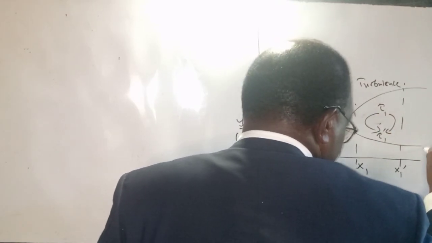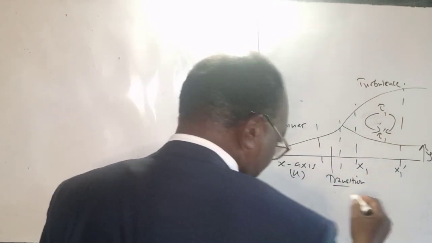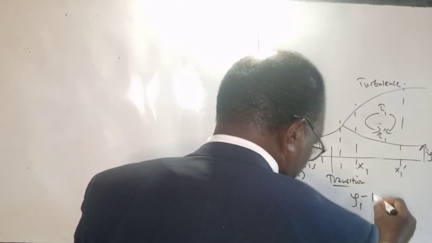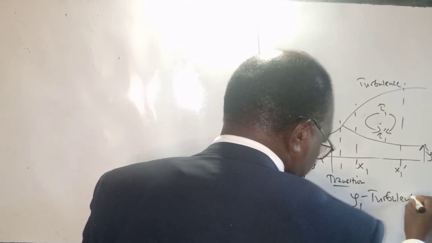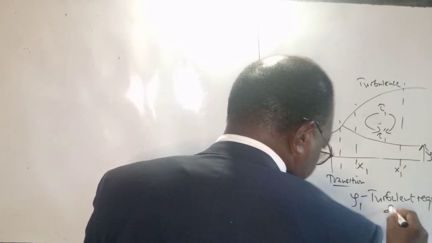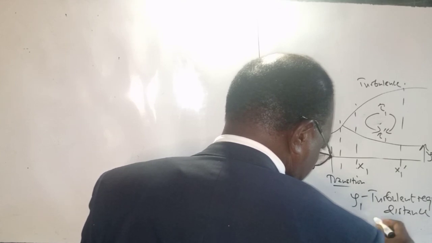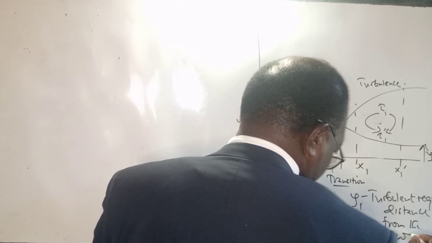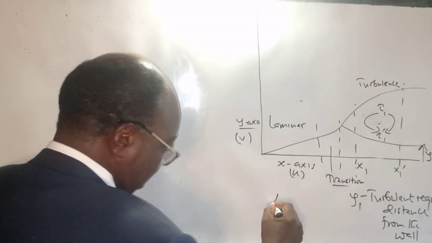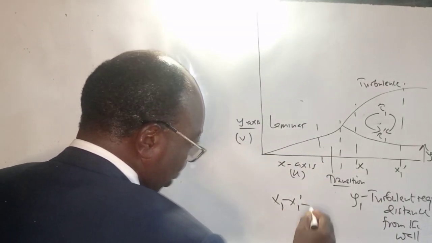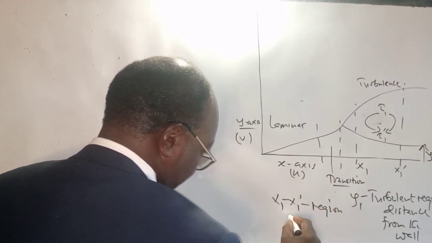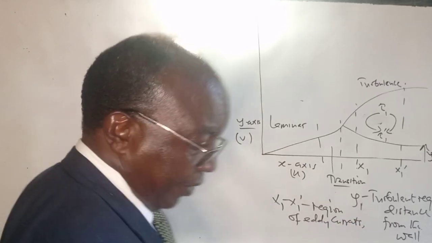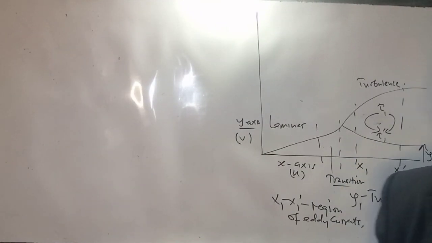Let us say that it is some distance y1 from the wall. And you have said that x1 to x1 prime is the region of eddy currents which are responsible for the turbulence because of those velocity gradients.